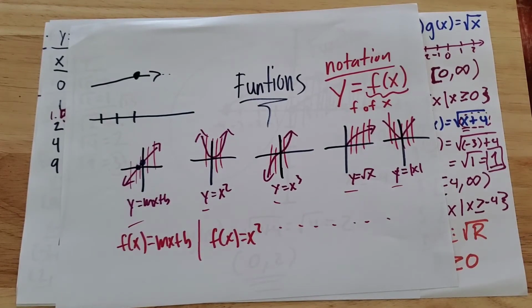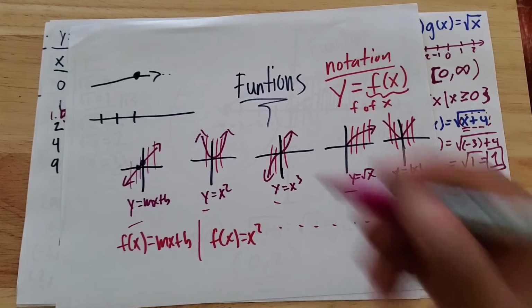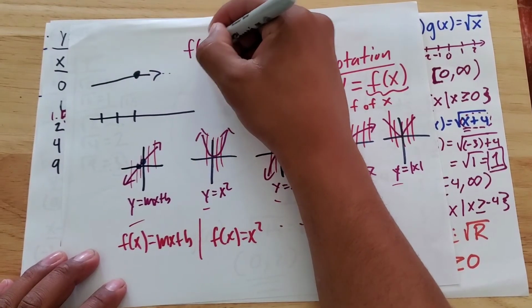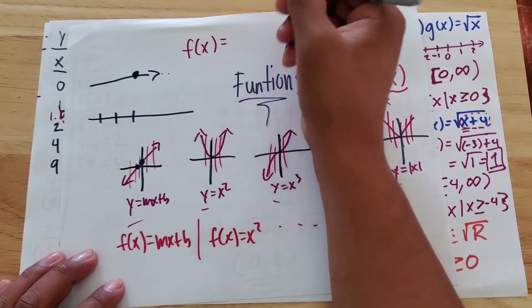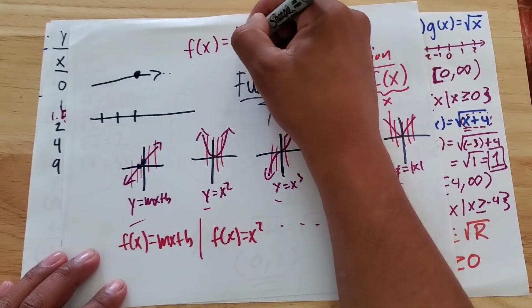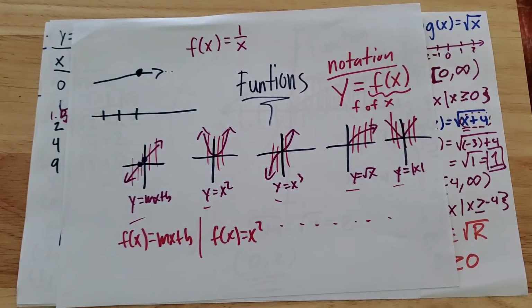Is there anything that makes the absolute value undefined inside, not outside? Does anything make it undefined inside? And then there's actually a function that I didn't write here, but there's also this function of 1 over x, meaning a fraction. Are there any restrictions when it comes to fractions?